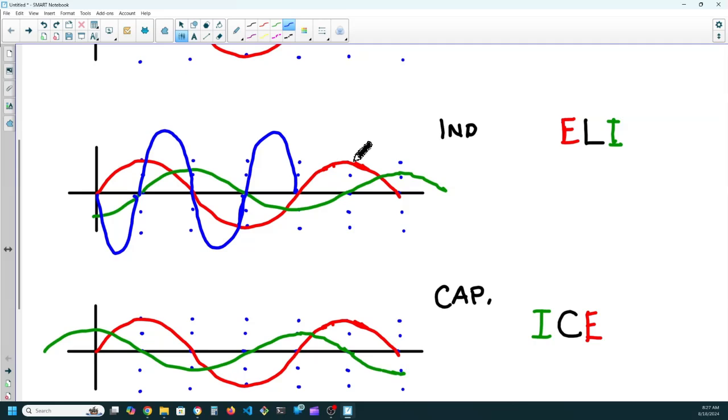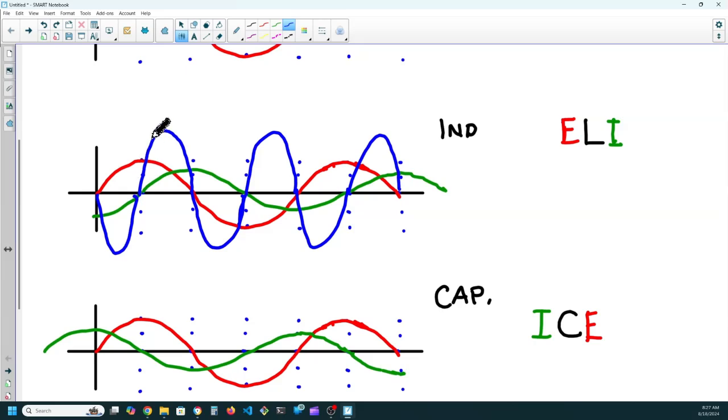And negative current, positive voltage is negative, and positive times positive is a positive. So half of the time, that inductor is storing up an electrical charge in the form of a magnetic field, and half the time, that inductor is pushing that power back into the circuit. It stores up that magnetic field, and when that magnetic field starts to collapse, that inductor pushes current back into the circuit.